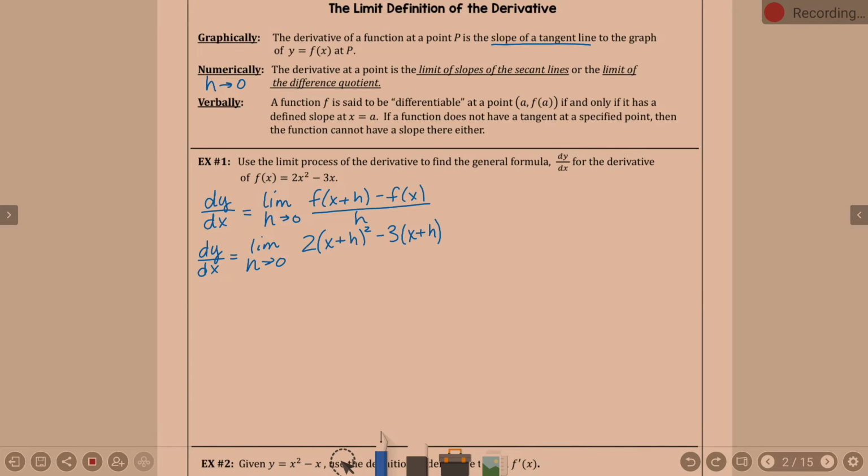Every place I see an x, I'm replacing it with x plus h. Now it's minus f of x, so minus the quantity 2x squared minus 3x, all over h. When you guys were complaining about foiling earlier, I thought, bad day to be complaining about this, because I know where we're going.